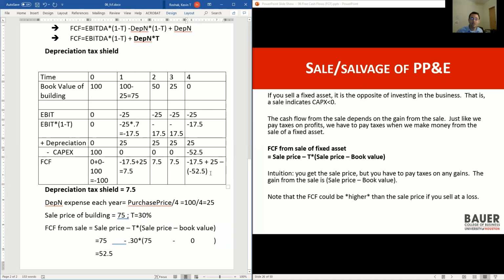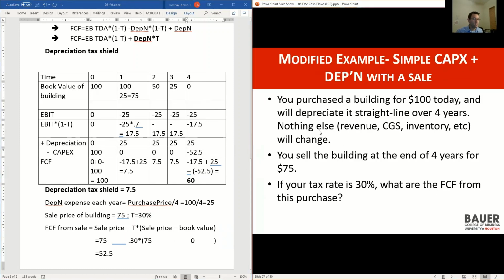So when you subtract a negative number, it's like adding a positive number, right? So what we're left with is a positive $60 in free cash flows at time 4. That's the only place where the free cash flows change in this twist on the example when we sell the building.